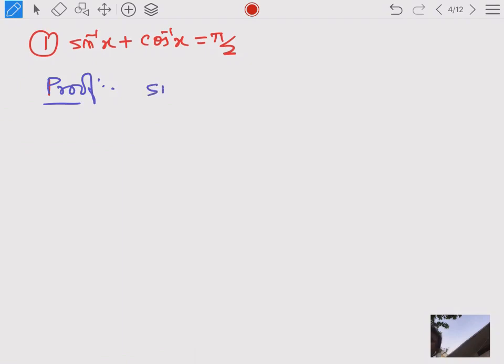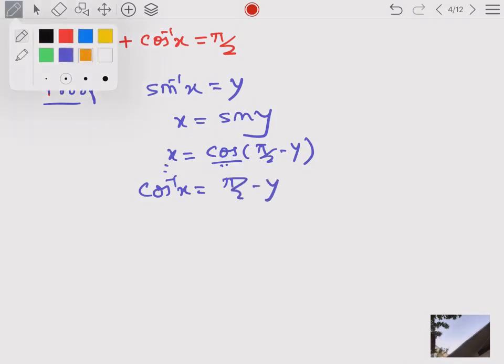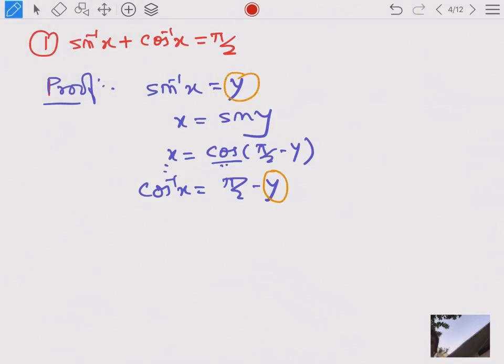Take sine inverse x equal to y, then x is equal to sine of y, but now we want to convert this into cos inverse, so x is equal to cos of pi by 2 minus y. Now we take cos inverse on both sides, then cos inverse of x is equal to pi by 2 minus y, and now put y, which is equal to sine inverse x, and this formula will be generated.